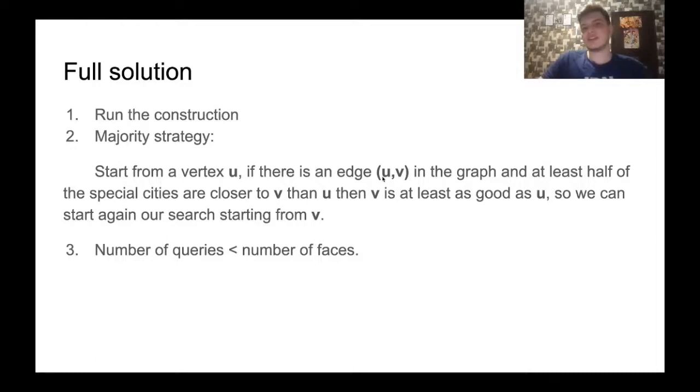Otherwise, you just go to this V and continue our procedure. You can easily implement this so that you ask for every vertex at most once, and this leads in the worst case to C-1 queries, which is less than C, which was our constraint.